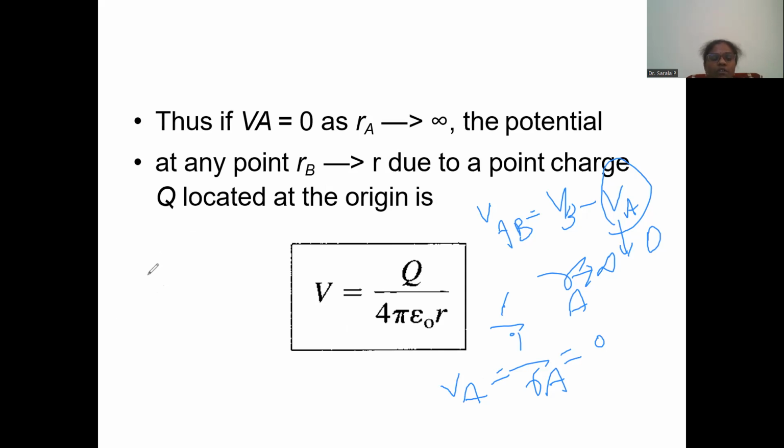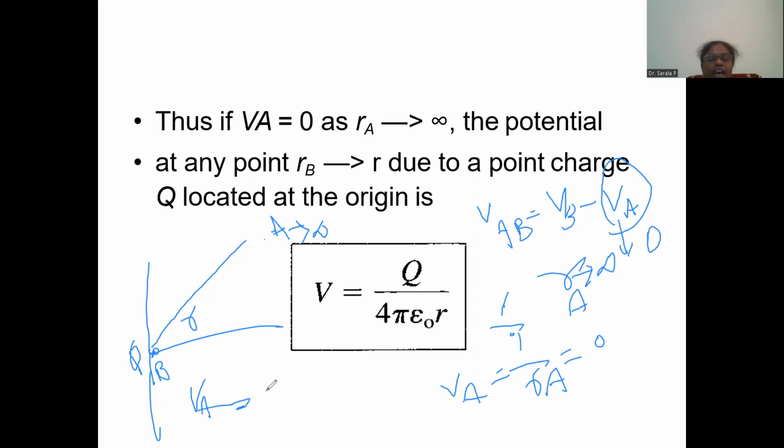Now moving on. Let us take point B where the charge is located, and A at infinity. We consider this distance as R, and we move a charge from point B to point A, with VA equal to 0.